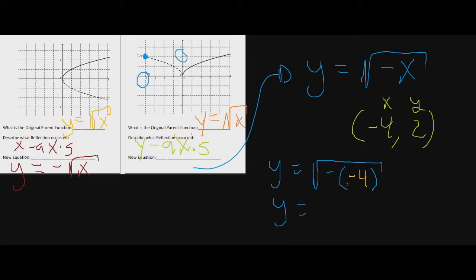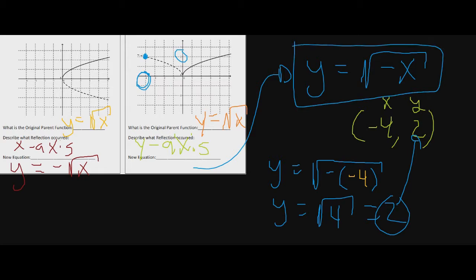That's just a positive, so we're just going to get the square root of 4. And what's the square root of 4? That's 2. So you see, because our input was -4, the negative cancels out here. We just get 4, and we get y equals 2, which matches our description. And so we know that this is the correct equation. Hopefully that helps with reflections.